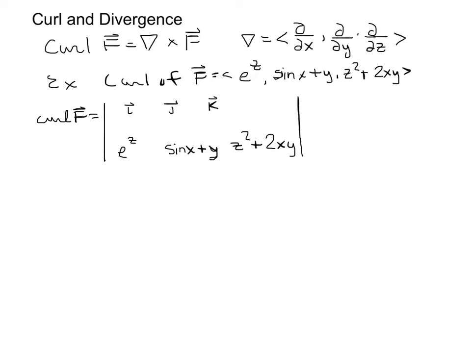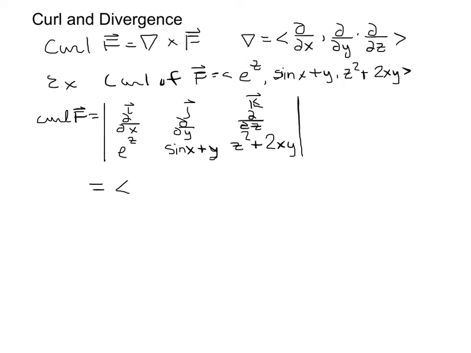I'm going to erase these and give myself a little more room here. So there's j, there's k. And now in the second row, I need these partials of nothing: partial with respect to x, partial with respect to y, and partial with respect to z.